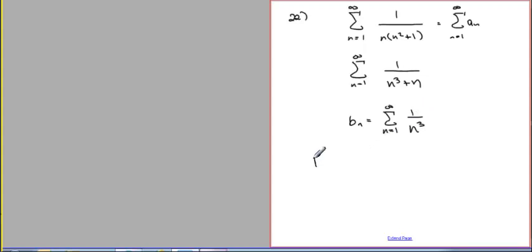So if we take the ratio, we take the limit as n goes to infinity of a sub n divided by b sub n.